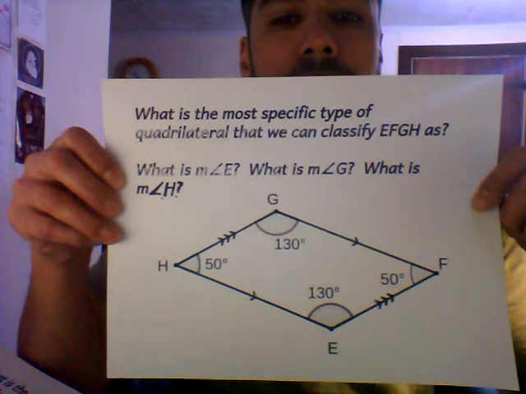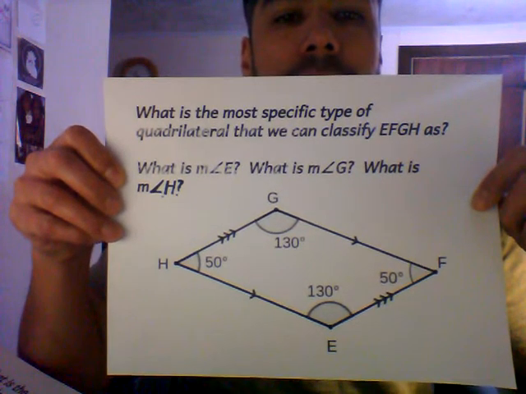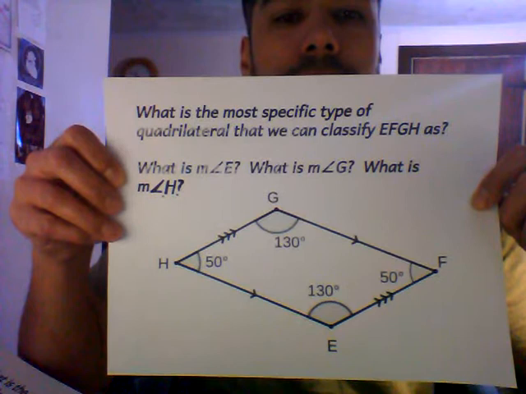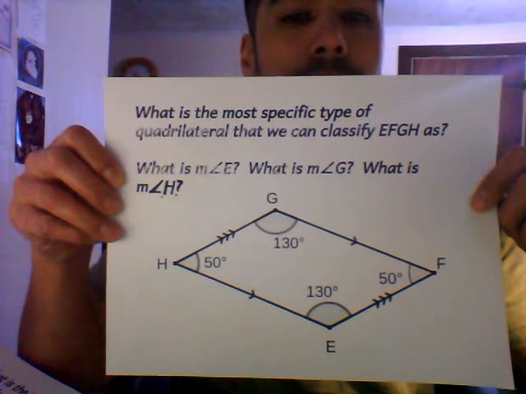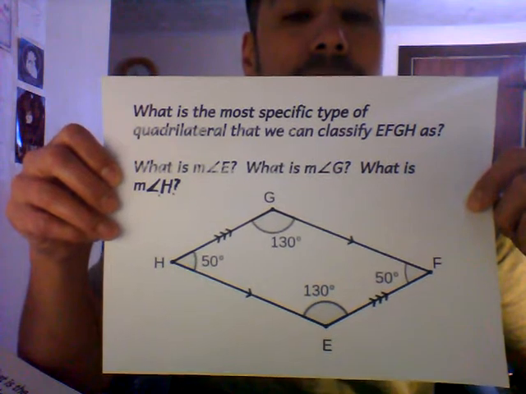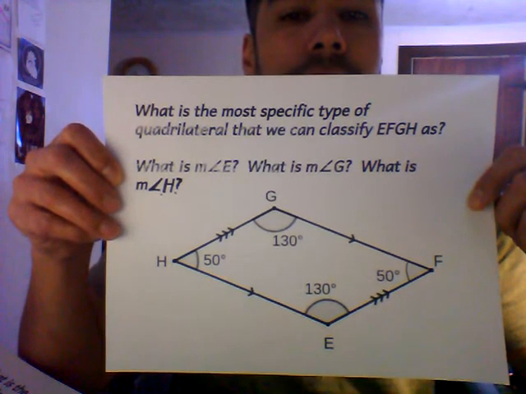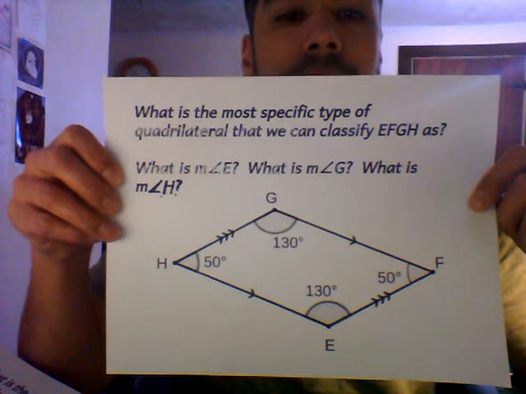So 50 degrees plus 130, we've got 180. And if we follow that relationship again with angle G and angle H, we've got 130 degrees plus, well, we need that angle F to equal 50 degrees to make those equal out to 180. And then you could say the same thing with angle E and angle H.